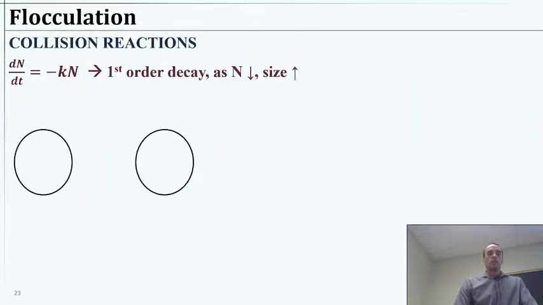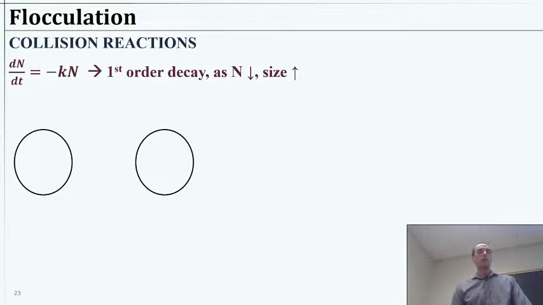All right, so these collision reactions, as we're flocculating, we can describe this rate as dN/dt, and we've already mentioned that this mixing intensity is going to go into the K, and we'll finish out the other things that go into the K in a moment.